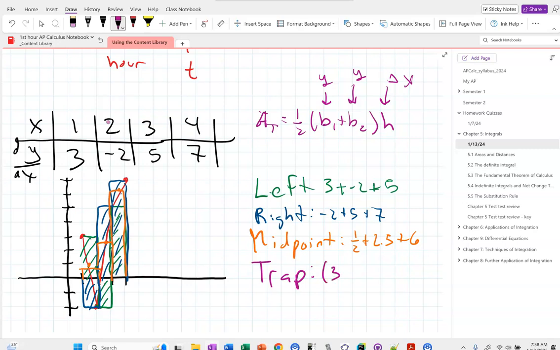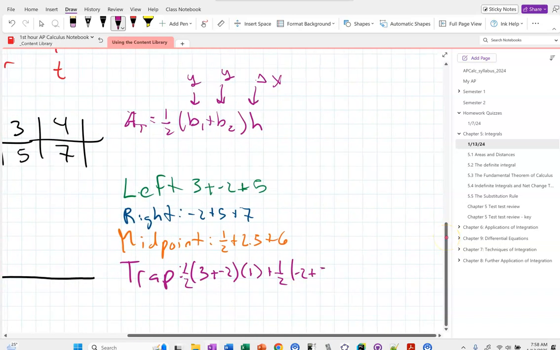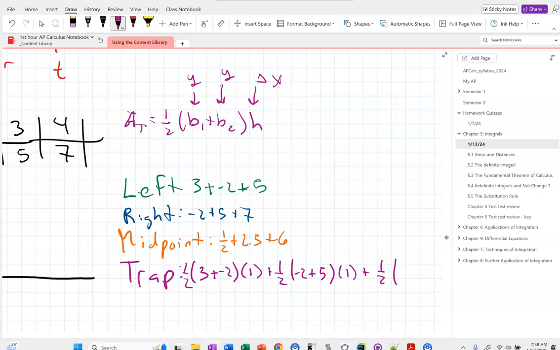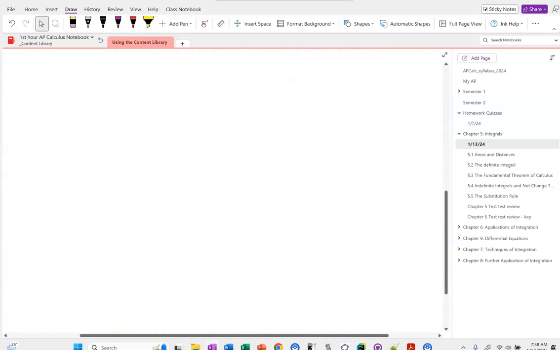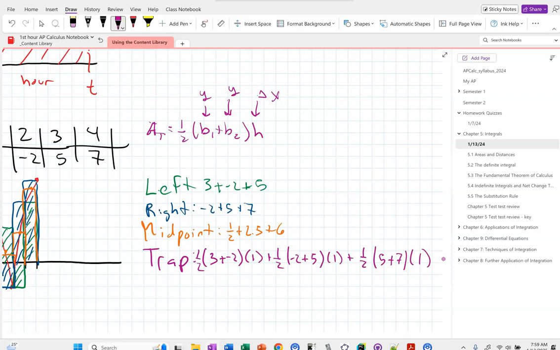So it'd be 1/2 (3 plus -2) times 1, plus 1/2 (-2 plus 5) times 1, plus 1/2 (5 plus 7) times 1. And it turns out that that's going to be the same as our midpoint rule here.